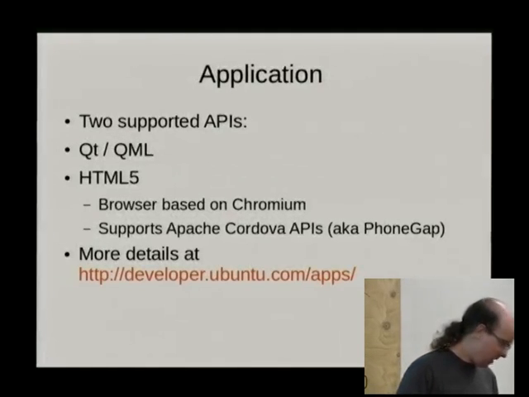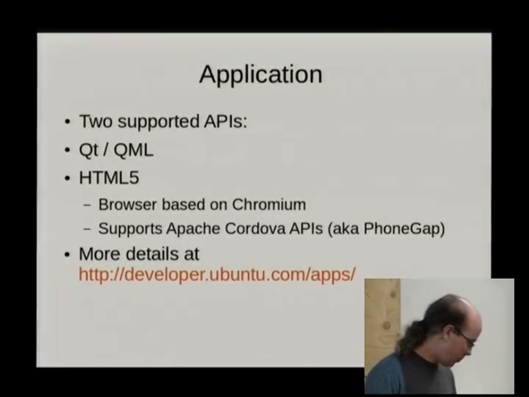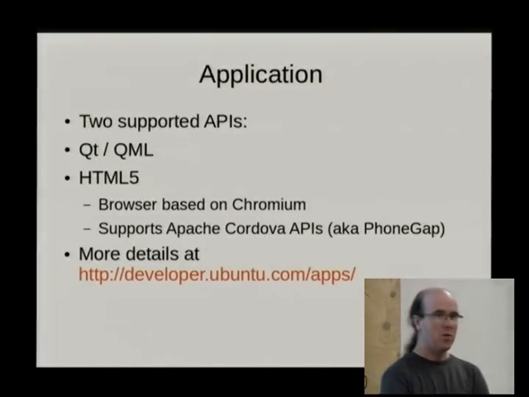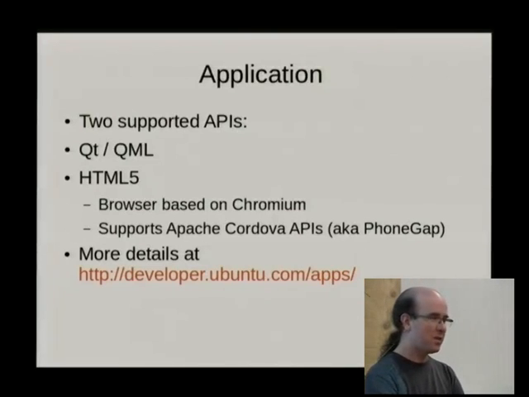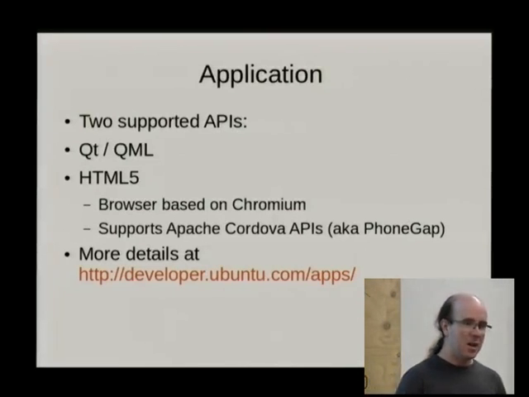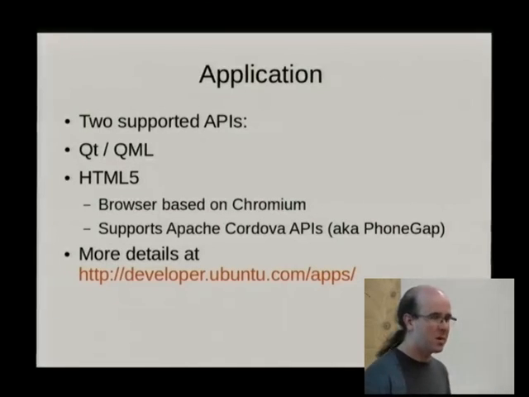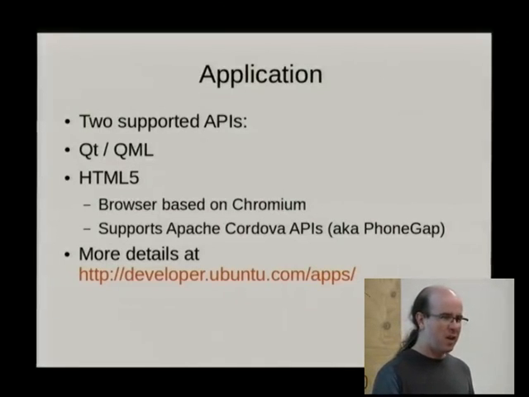So for the application, we've got two main programming APIs for applications. Most of the apps on the phone are written in QML, which is a declarative language for designing user interfaces, which grew out of the Qt project, but you can use it with pretty much no C++ experience.